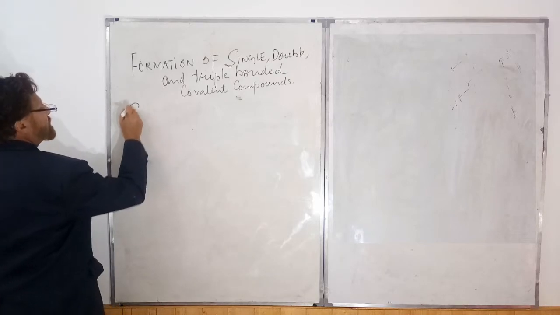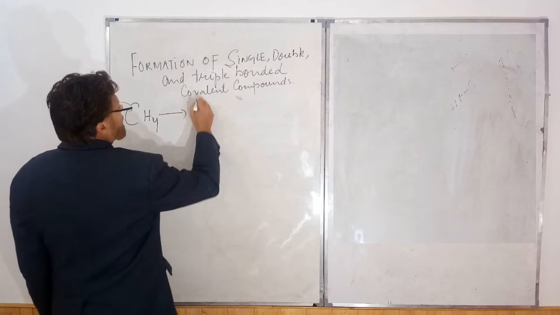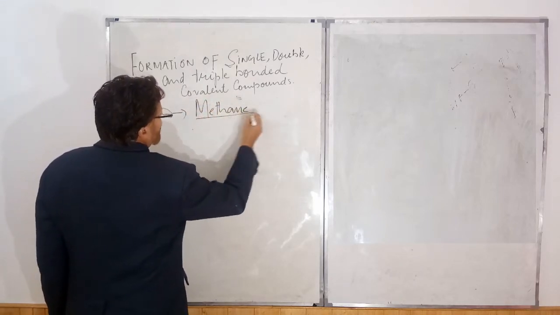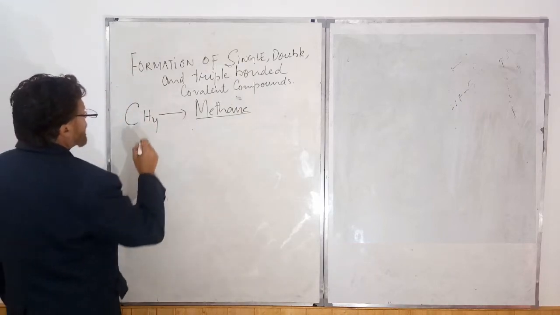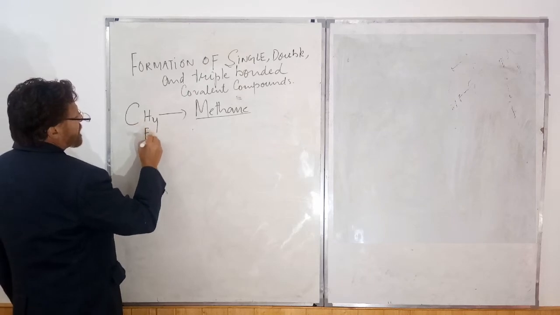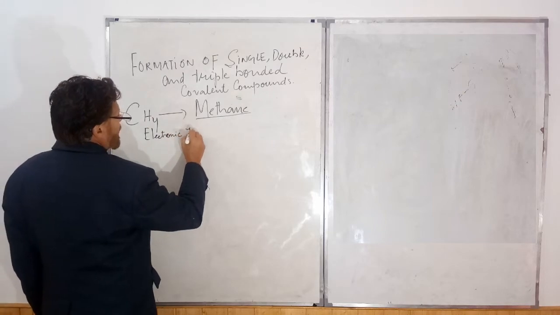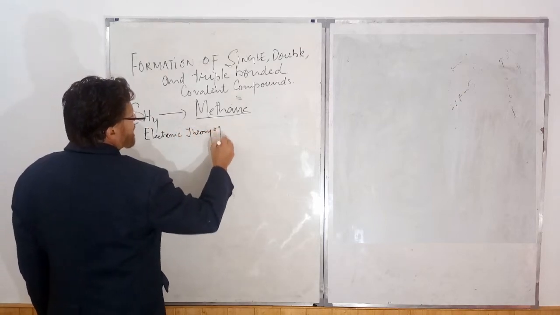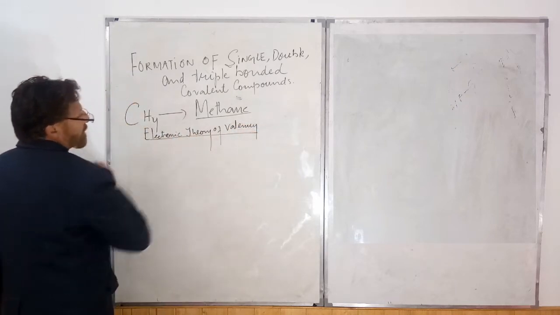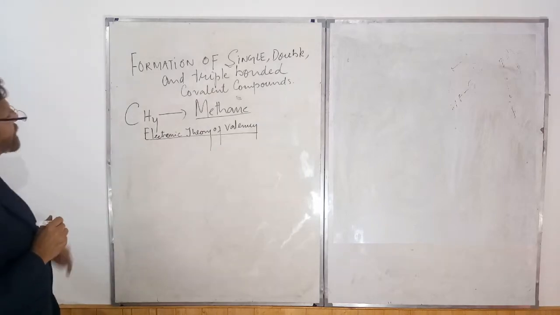Let's take now CH4. CH4 is known as methane. According to the electronic theory of valency, we can find the formation of the methane molecule.